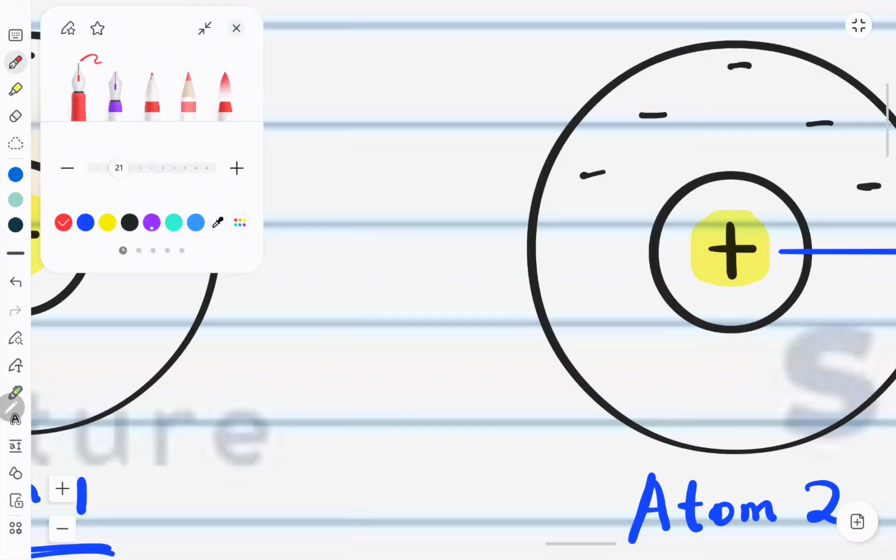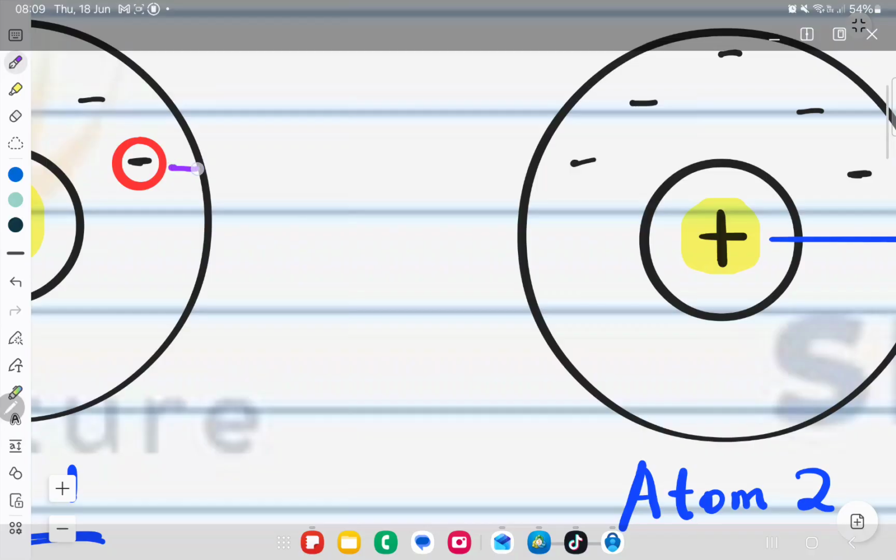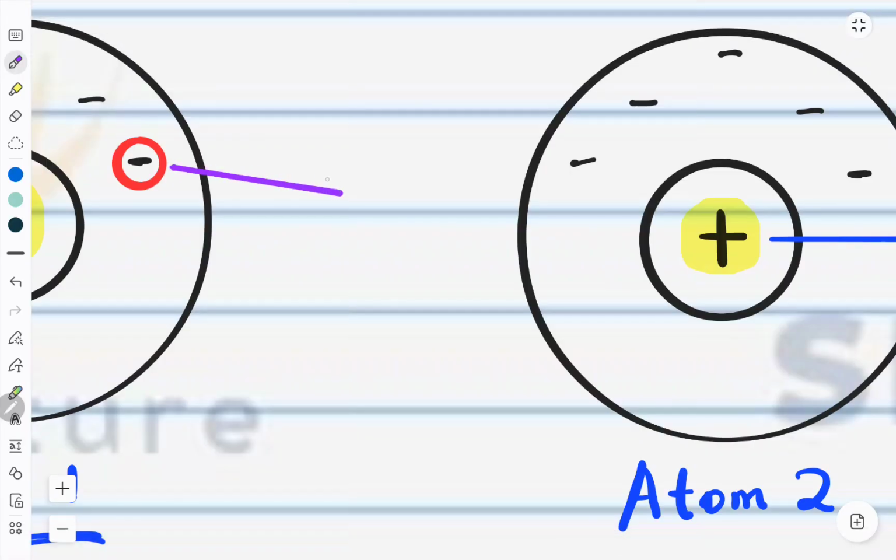Firstly, all the electrons in that cloud of atom 1 will want to exert a force of attraction on this. For now, don't focus on the length of my arrows. They are not representative of the magnitude of the forces exerted, but focus on the idea rather.